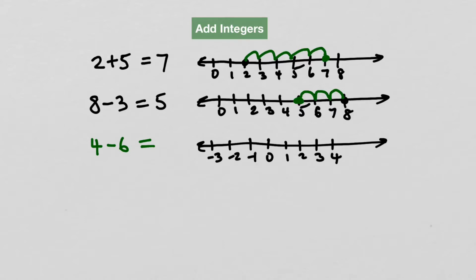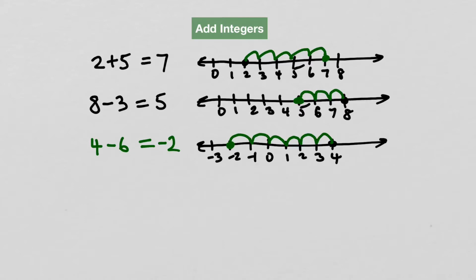So now we're going to start at 4, and we're going to subtract 6. Subtracting 6 means you're going to the left, and we're going to go 6 spaces. 1, 2, 3, 4, 5, 6. We land at negative 2. So the answer to 4 minus 6 is negative 2.